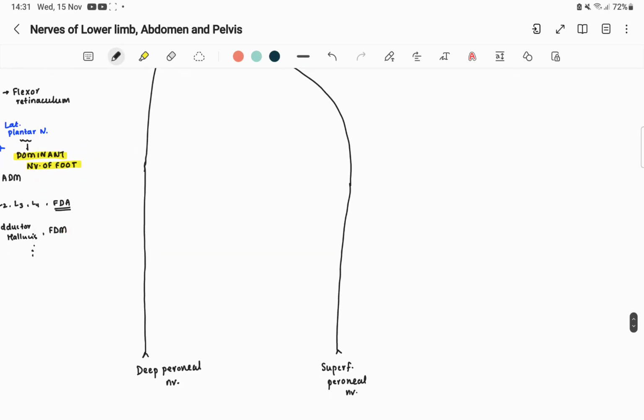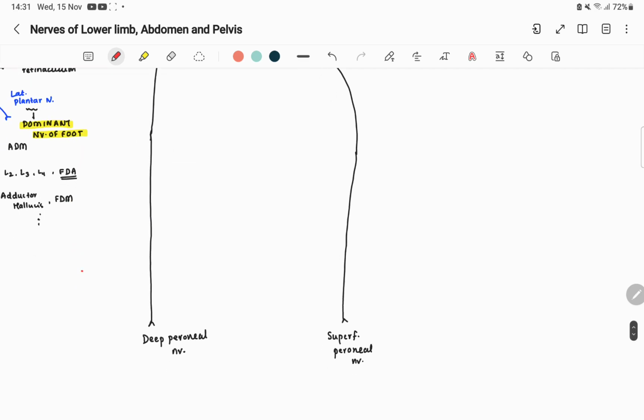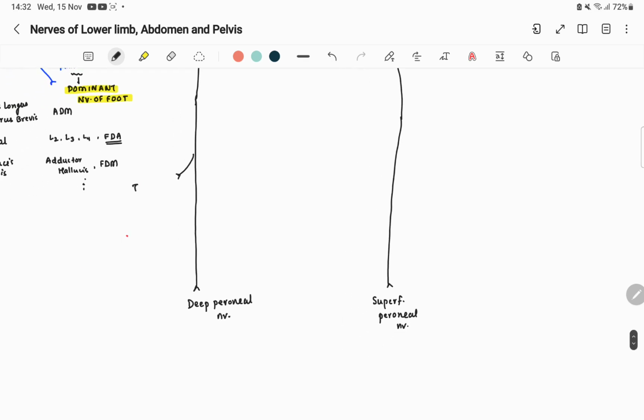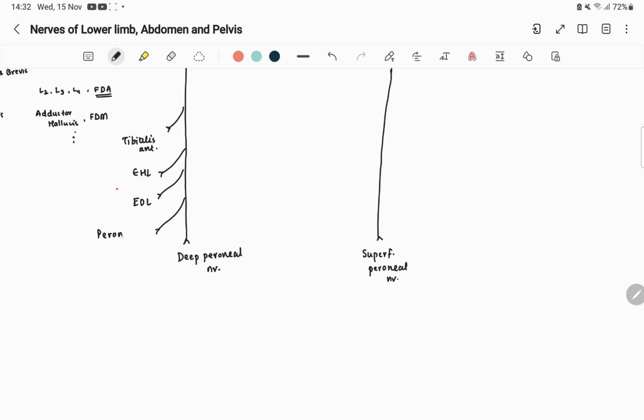So the deep peroneal nerve will supply the anterior compartment of the leg. It will first supply your tibialis anterior, then your extensor hallucis longus, then your extensor digitorum longus, and a muscle which is your peroneus tertius.